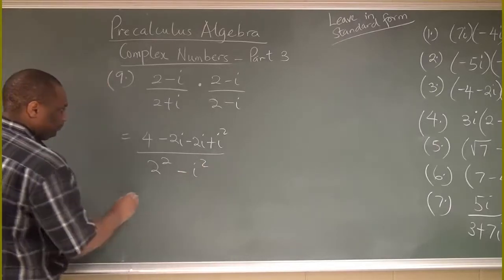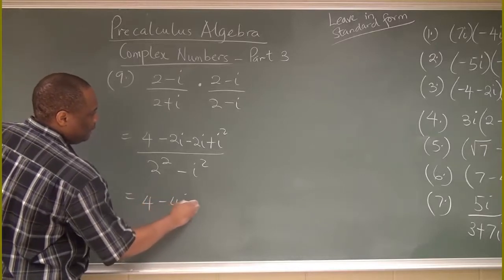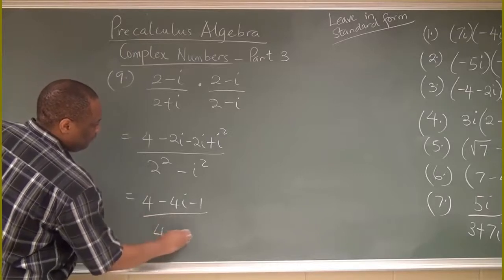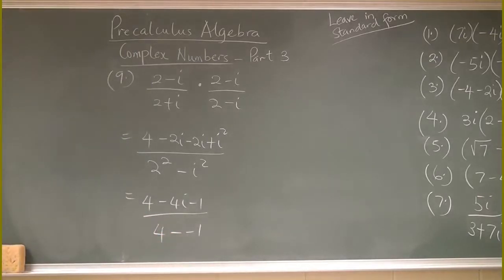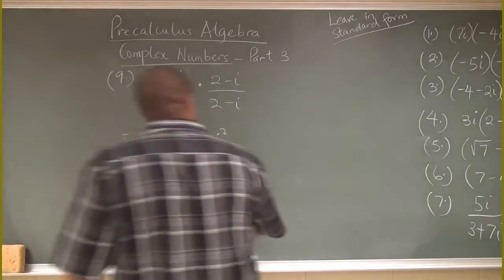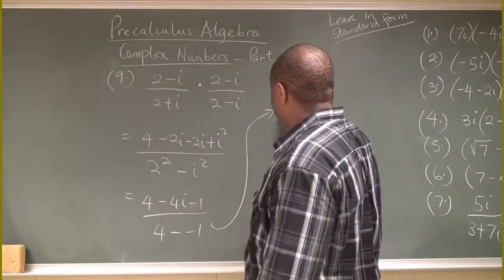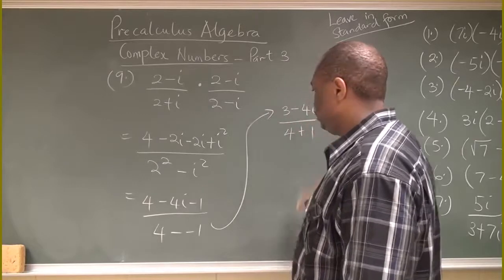So this will be 4 minus 4i minus 1 all over 4 minus 1. 4 minus 1 is 3. So 3 minus 4i all over 4 plus 1.